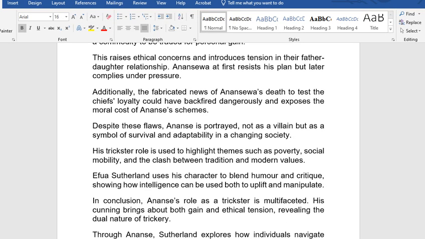This raises ethical concerns and introduces tension in their father-daughter relationship. Anansewa at first resists his plan, but later complies under pressure.